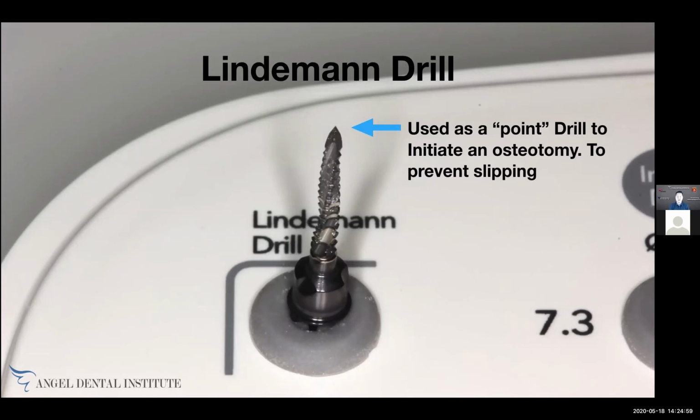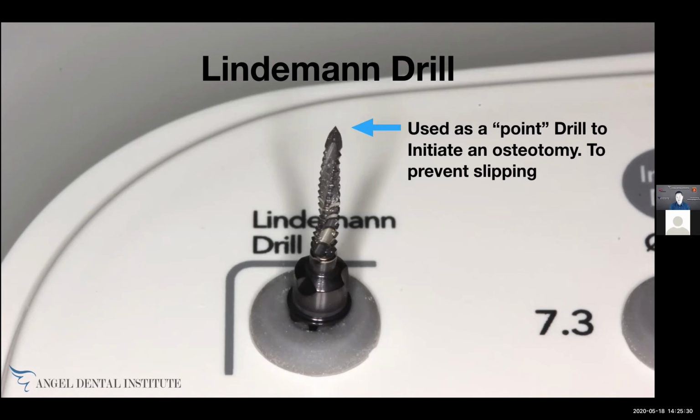What I found helpful when I started was a regular high speed with a 557 or a 330 or just a chamfer diamond, whatever is most comfortable in my hand, and I go through the cortical plate of the osteotomy. That's the most challenging part of implant surgery, initiating that first drill, okay?